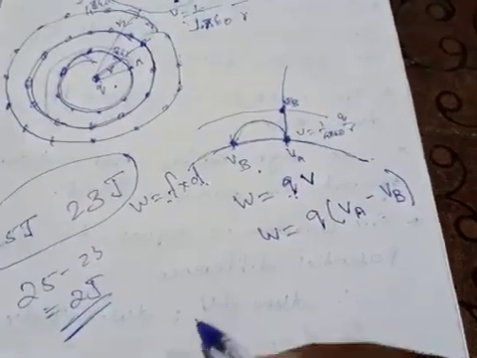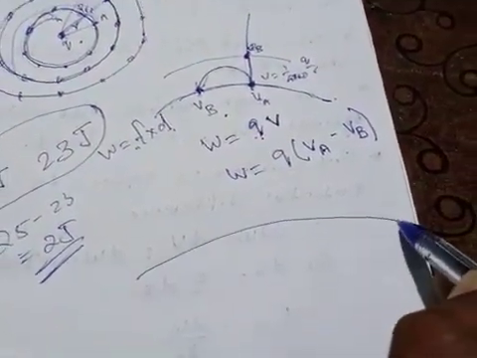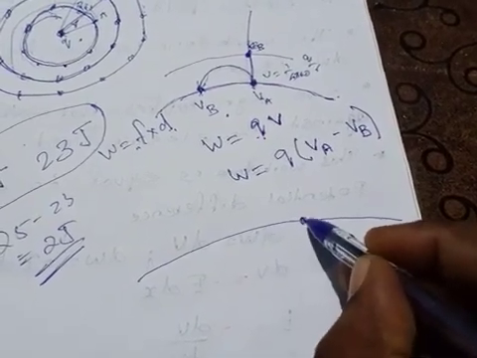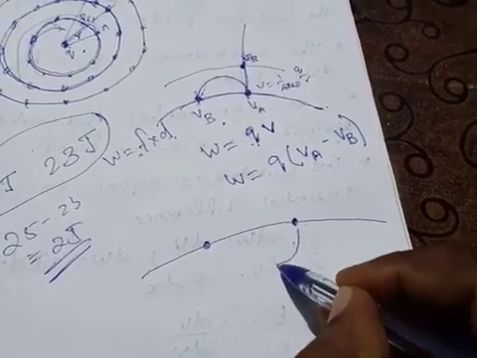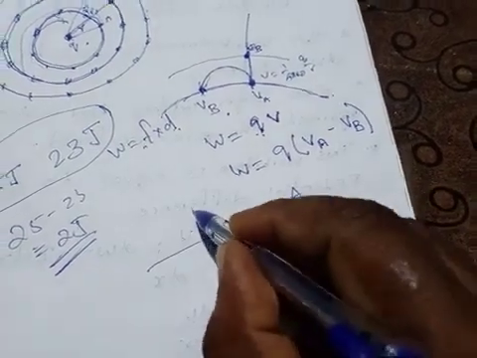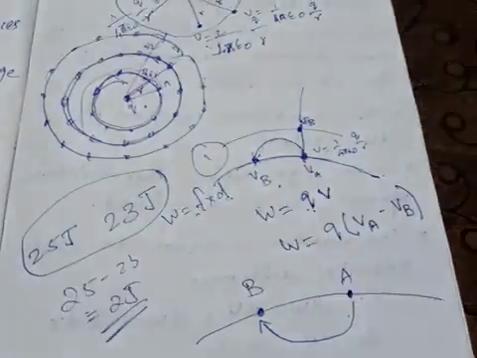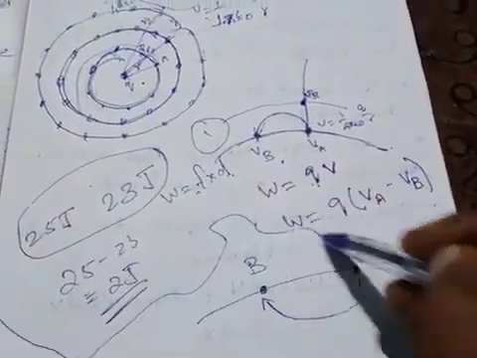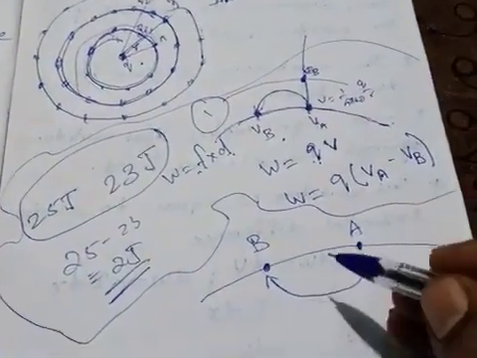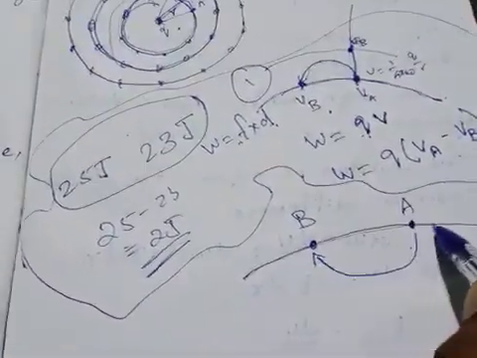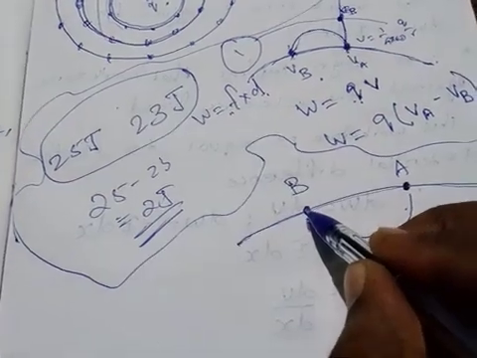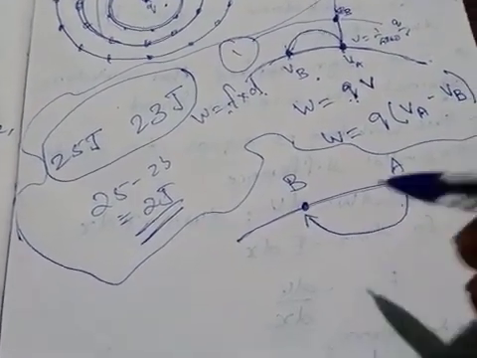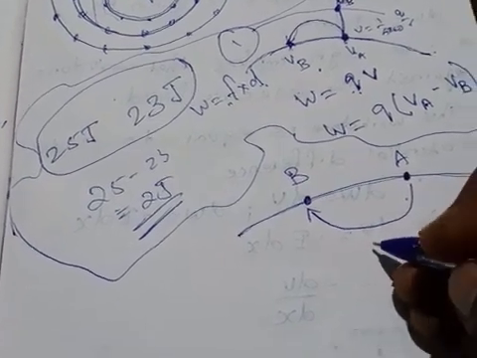Now you can see the second property. Assume that this is an equipotential surface. You are moving a charge from the point A to B, and this is the first property I explained, so this example you can remember. And now I am explaining the second property. This is an equipotential surface. From this point A, I am moving a charge to point B. Now you know that equipotential means what?